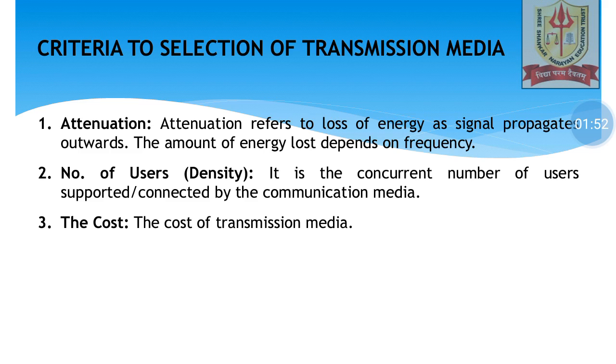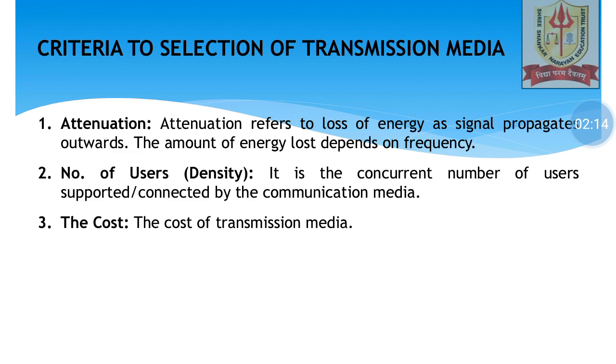As a sender or receiver, we want to make sure that loss of energy is as minimum as possible. So attenuation should be low while selecting a transmission medium, and the amount of energy lost depends on its frequency.